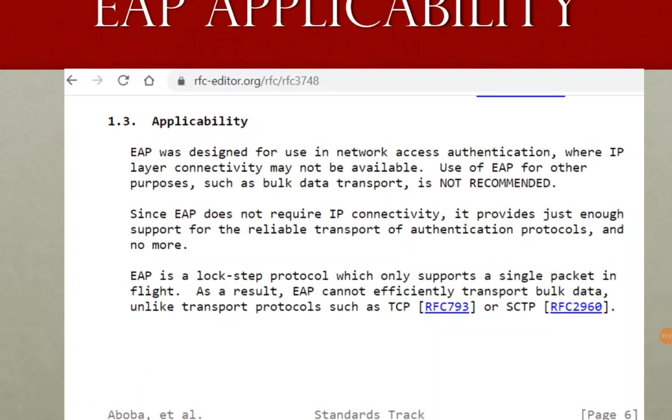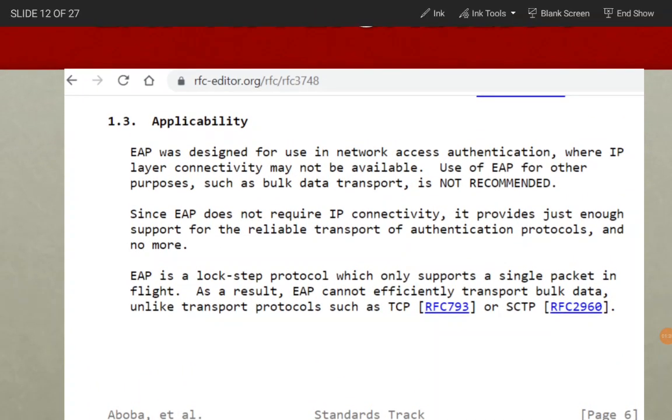So what is EAP? The main thing about EAP is that it doesn't depend on IP connectivity. Since EAP does not require IP connectivity, it provides support for reliable transport of authentication protocols. It was designed for use in network access authentication, where IP layer connectivity may not be available.